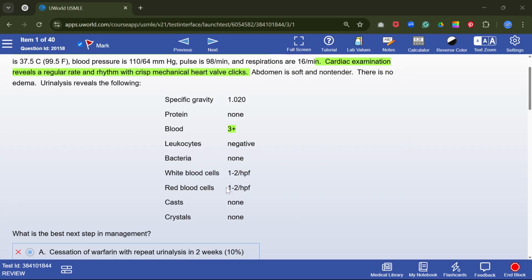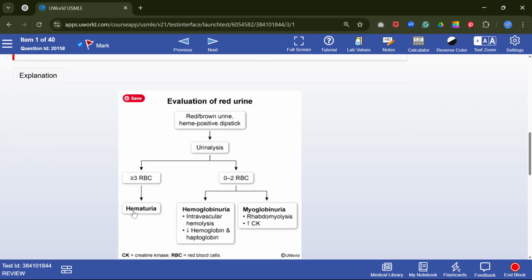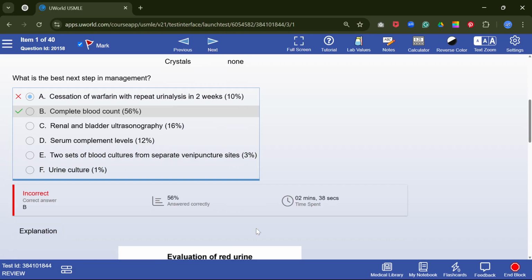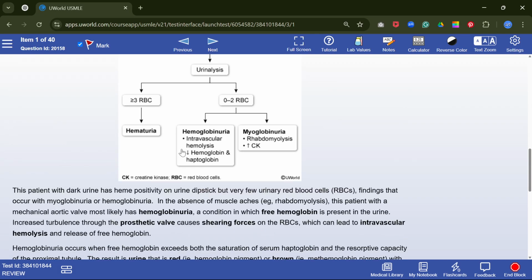Another important thing is that RBC is 1 to 2 per high power field. If RBC is more than 3, it is hematuria. If RBC is 0 to 2, it may be hemoglobinuria or myoglobinuria. It is hemoglobinuria because there is no increased CK and no history of rhabdomyolysis.